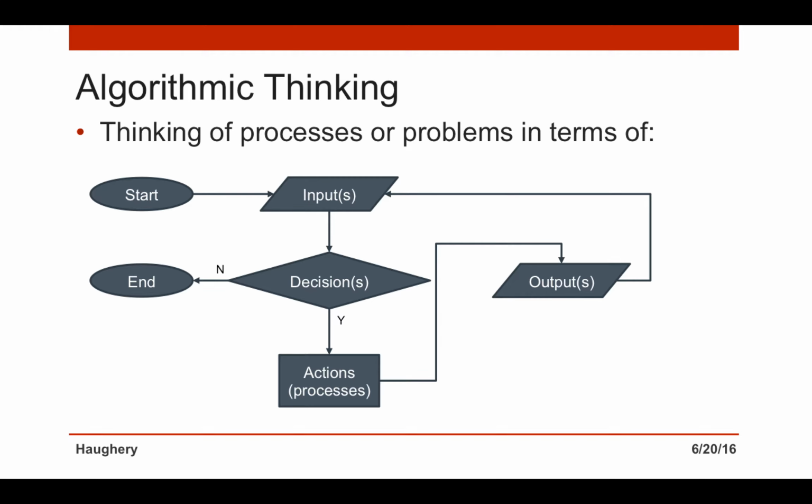If we look at a way of thinking algorithmically, a lot of times we'll have a starting point and we'll have inputs, okay, things that go into this process or into this algorithm, and based on those inputs we make decisions, and those decisions of course result in actions, and those actions may be to do some type of output, turn a light on, start a motor, turn a motor off, shut a valve, and of course maybe some feedback of the inputs back into deciding what to do next.